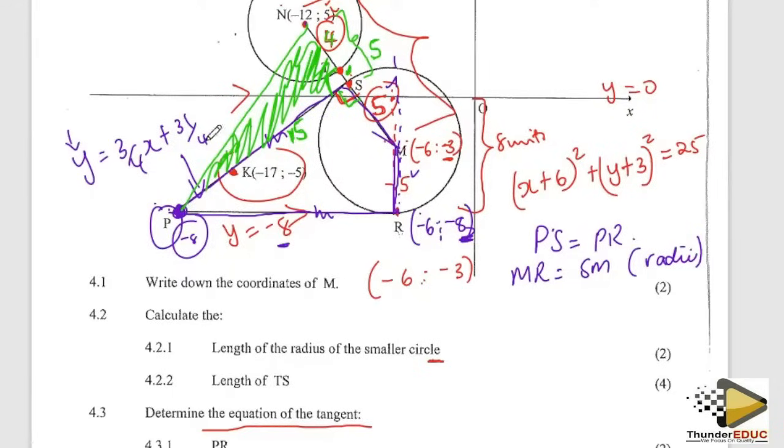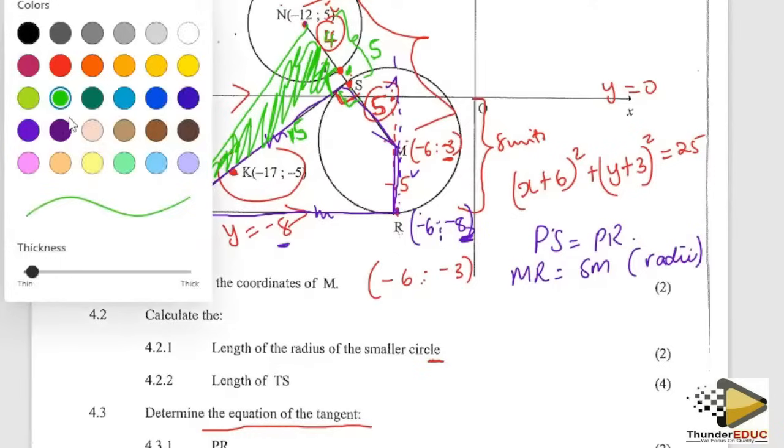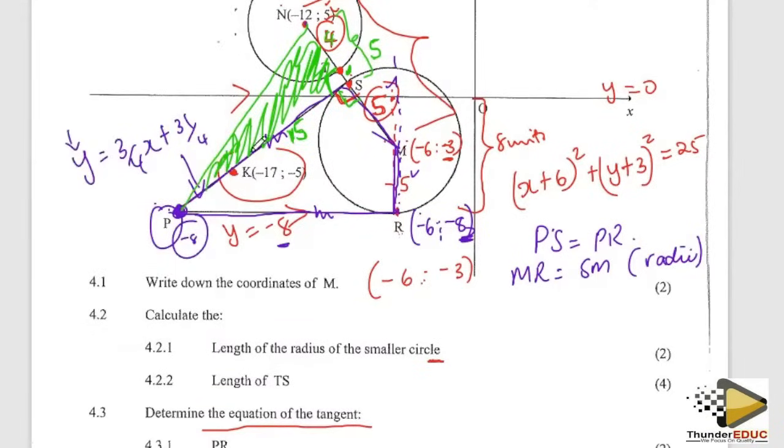I'm going to split this quadrilateral into 2 also, since I don't know what type of quadrilateral it is, but I can see right angles. That's a 90. That's also 90. So it's literally going to have the same area. So 15 and 5.